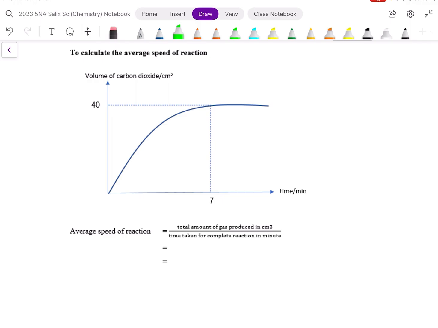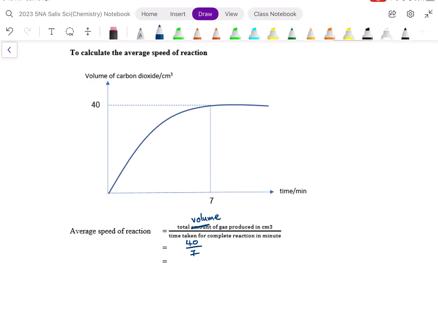Then if people ask you how to calculate the average speed of reaction, you must get the total volume of the gas produced in centimeter cube over the total time taken, which in this case is 40 over 7.